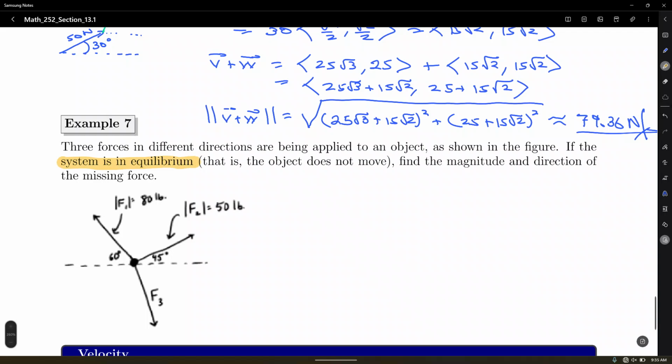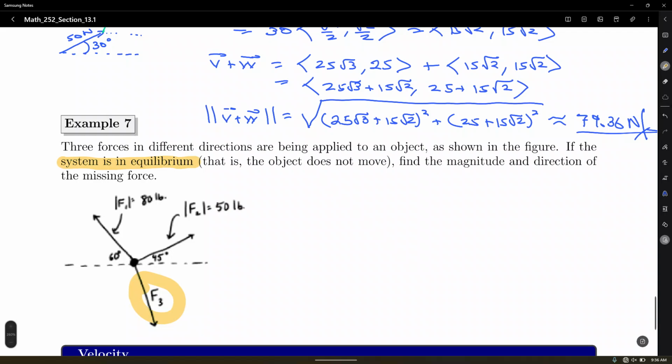We're given force 1, that is 80 pounds with a given angle. We need to be careful with the angle. And we're given force number 2, that is 50 pounds and 45 degrees. So we need to find the magnitude and the direction of this third vector.